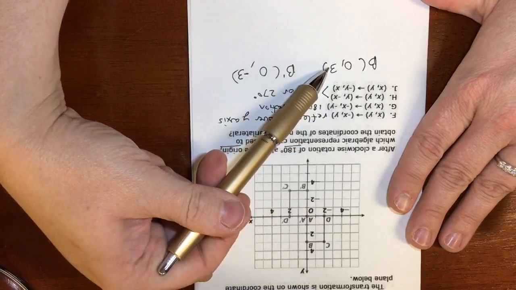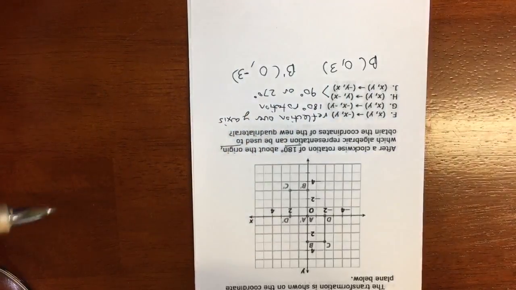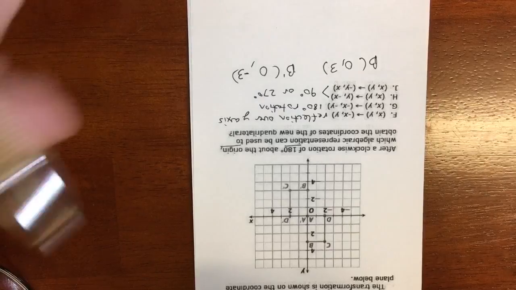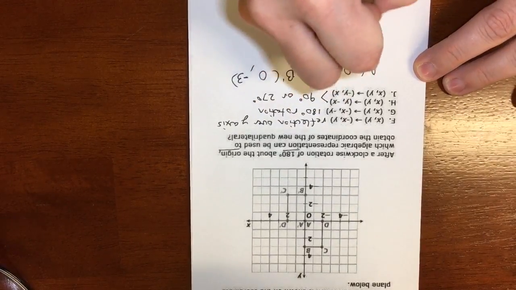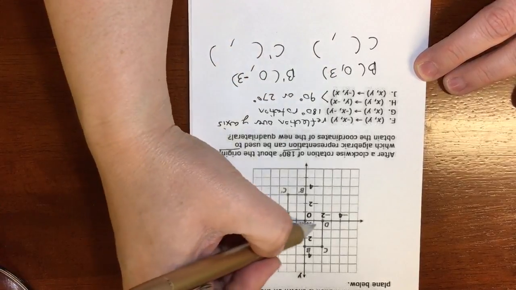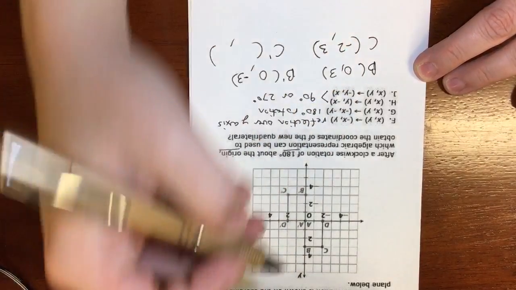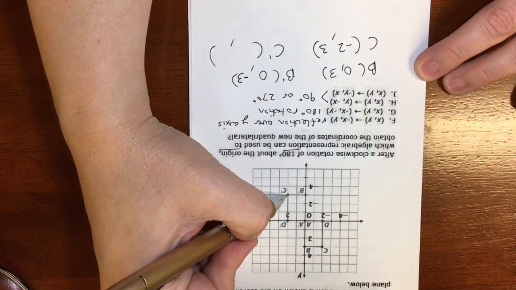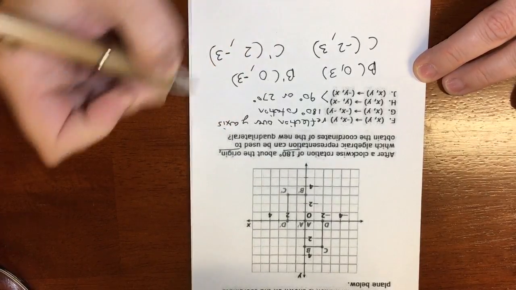But I can at least tell that the y's are going to change to the opposite. All right, so if I pick, let's use this C coordinate. All right, so C is at negative 2, positive 3. And C prime is at positive 2, negative 3.